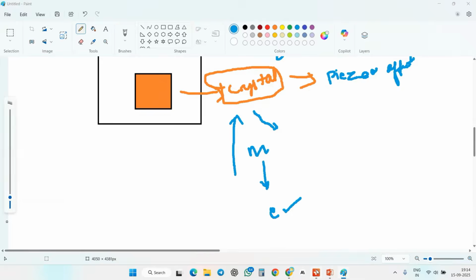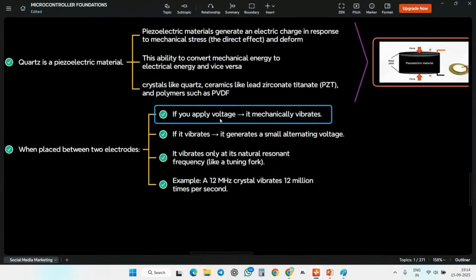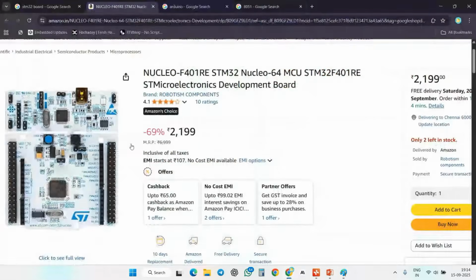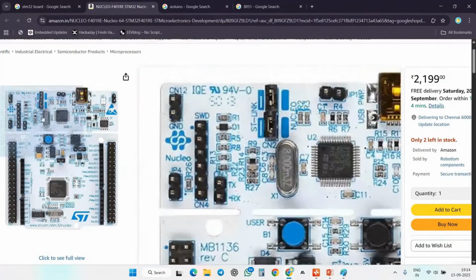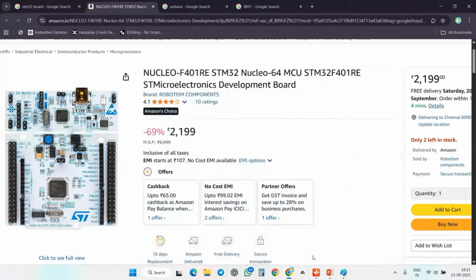In this case, I am applying some voltage. How can I apply my voltage? Whatever microcontroller you have taken, you will be giving it a power supply. That power supply is taken by this crystal oscillator as electrical energy, as a voltage.